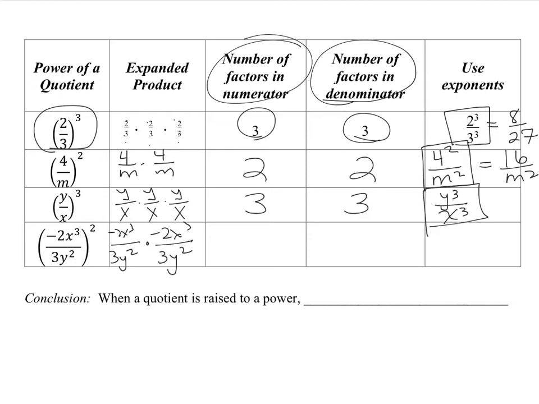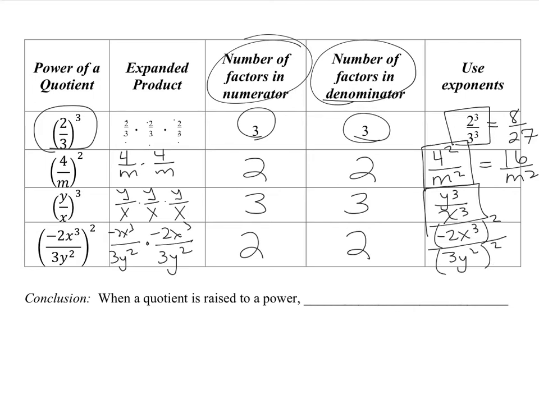So now, how many factors of negative 2x to the third do I have in the top? I have 2. How many factors of 3y to the second do I have in the bottom? I have 2. So now let's think about this. I've got 2 sets of negative 2x to the third over 3y to the second, I've got 2 of those.